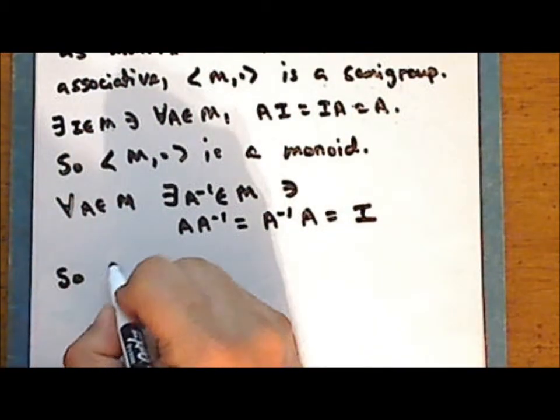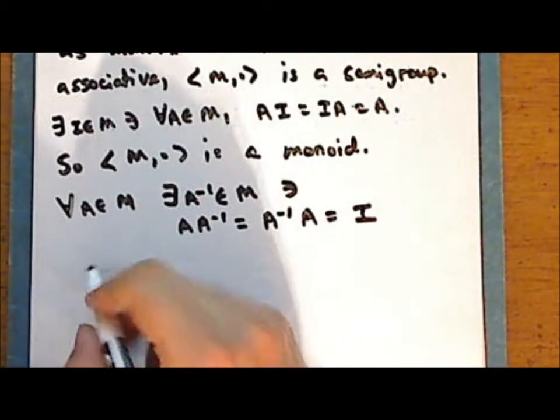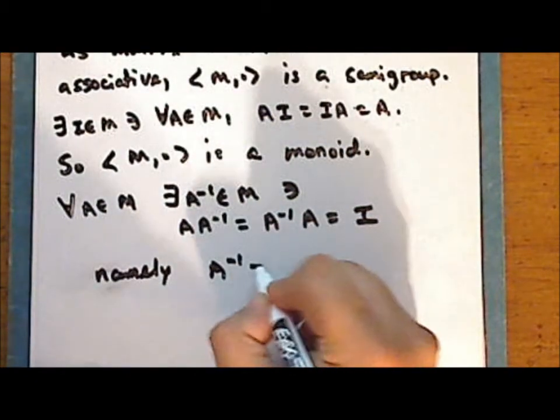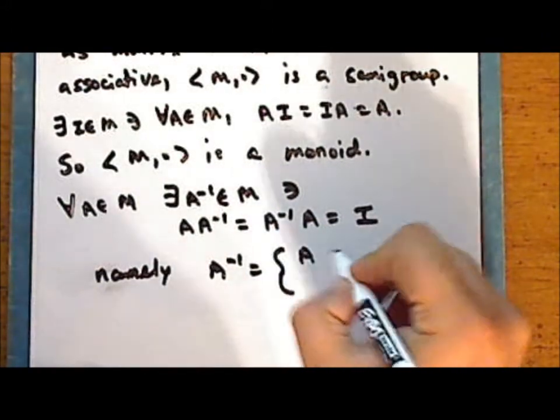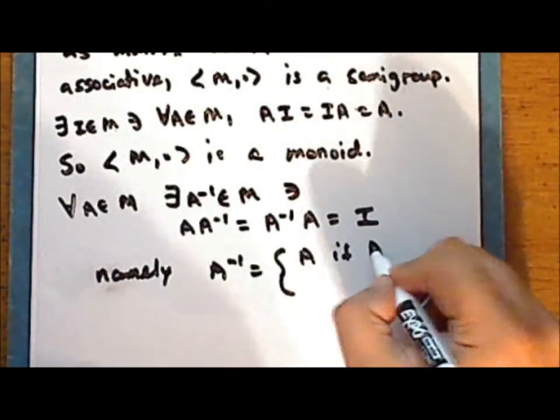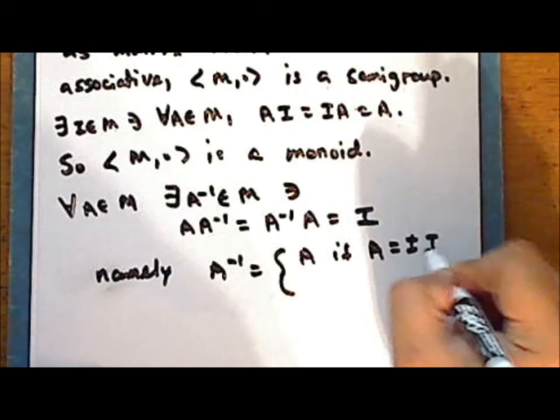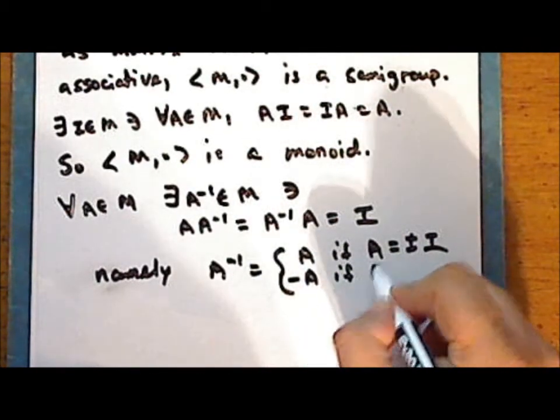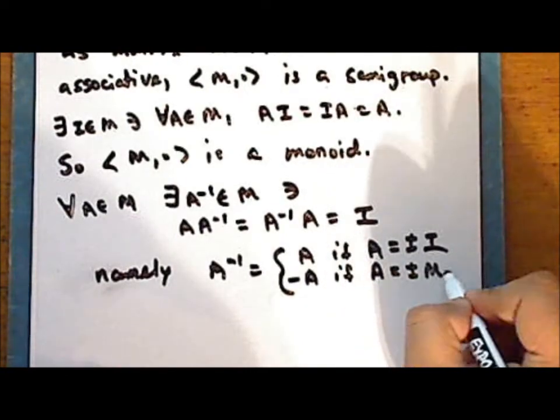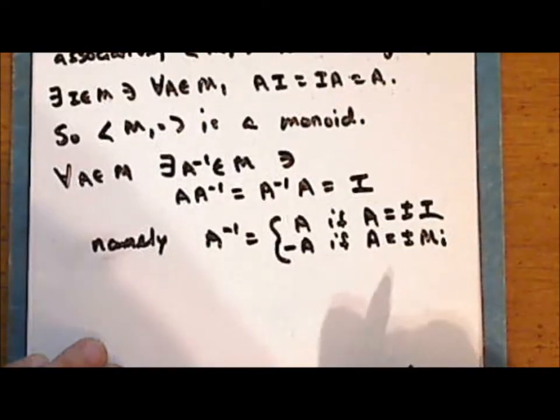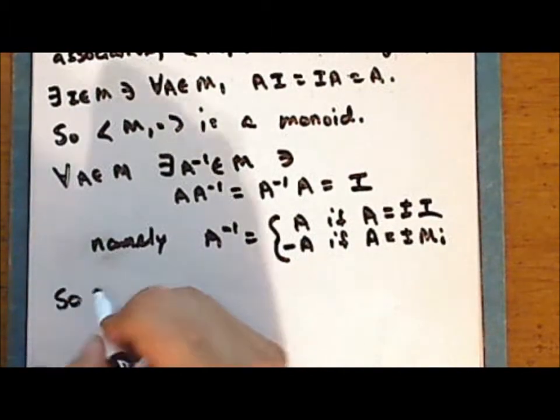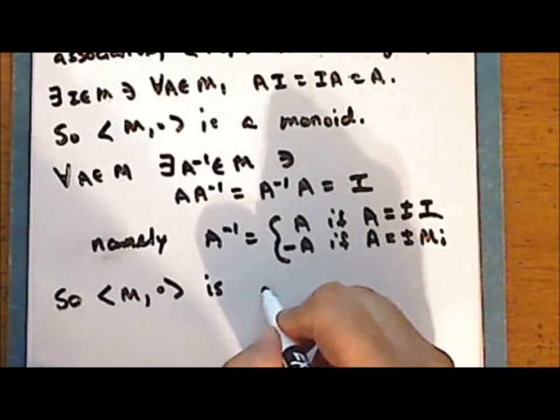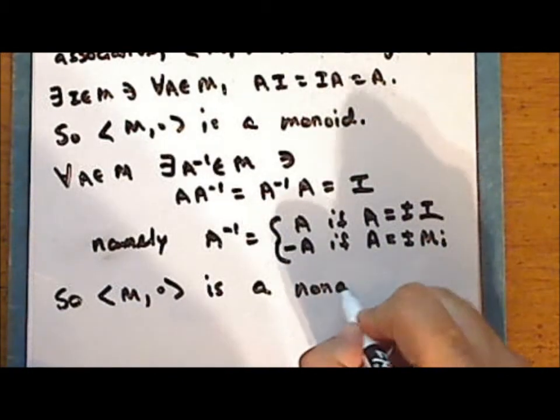And so for the monoid, the inverse of the matrix A is the matrix A if A is plus or minus I, and is negative A if A is plus or minus M sub i. And so this monoid is a non-abelian group.